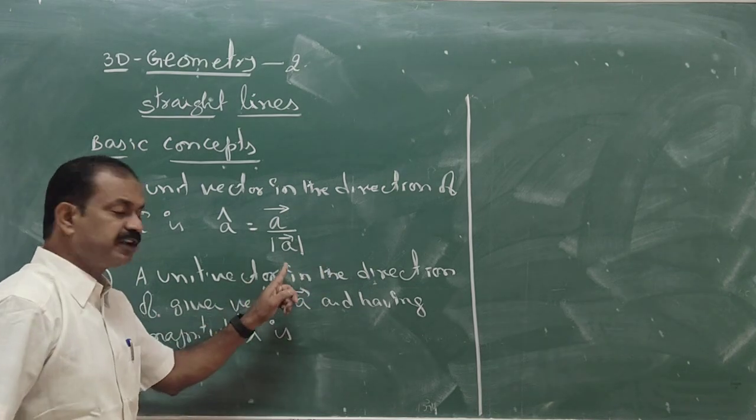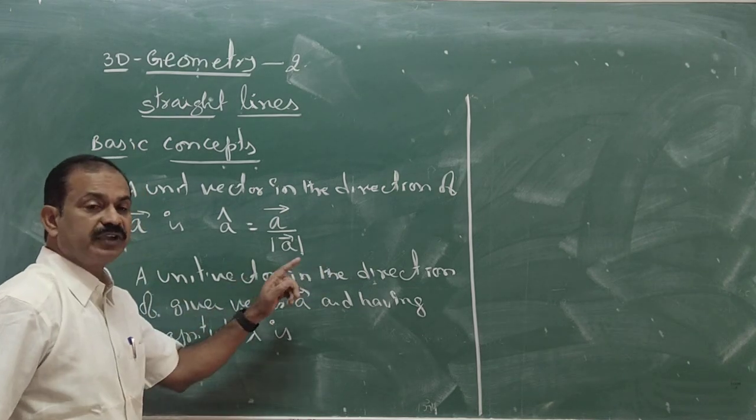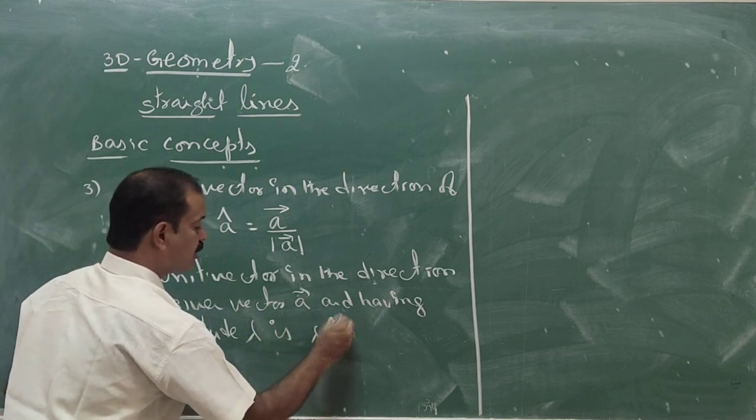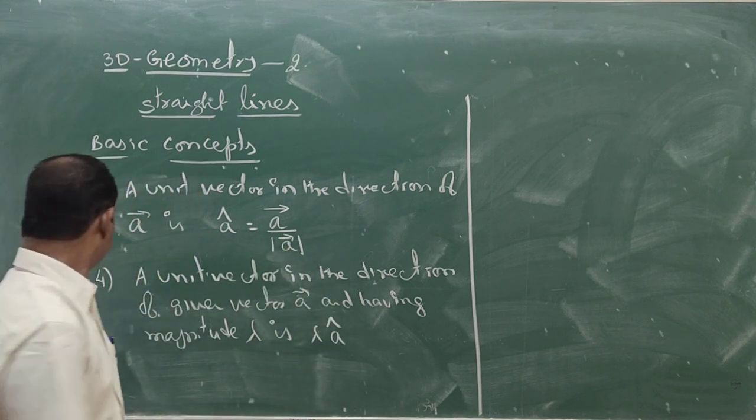So you are finding the unit vector in the direction of A and having the magnitude lambda, which is lambda into A cap.